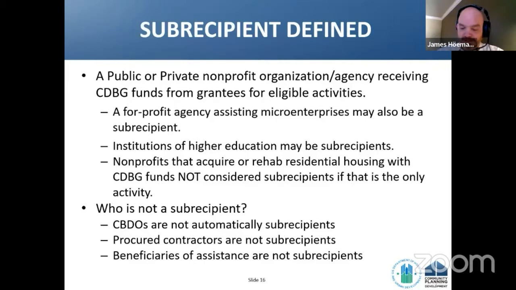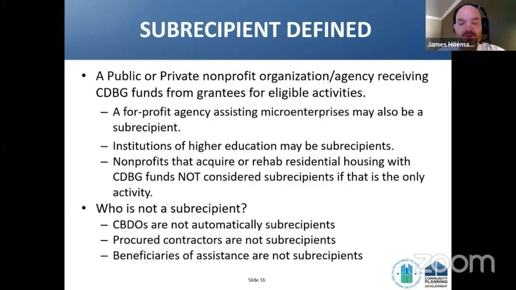So who's not a subrecipient? And this is where we would get into some of the nuances of the regulations that will be covered. We're just going to briefly do an overview here, but those CBDOs, they're not a subrecipient unless you decide to make them such. Any of your procured contractors are not subrecipients.